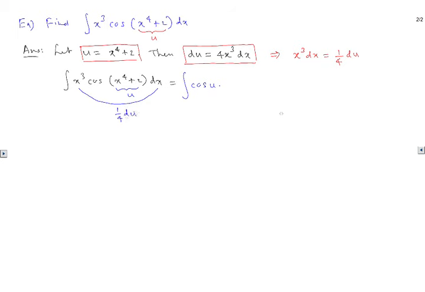That is 1/4 du, so you're going to get 1/4 du.